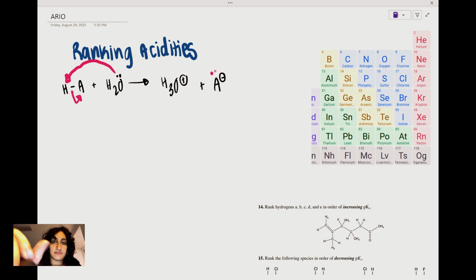So that's what our conjugate base has. Remember, the acid has a conjugate base.